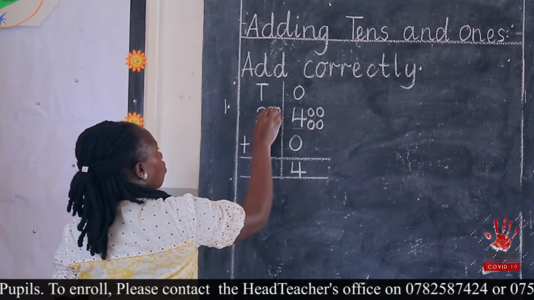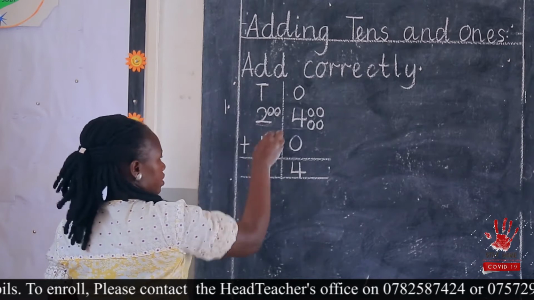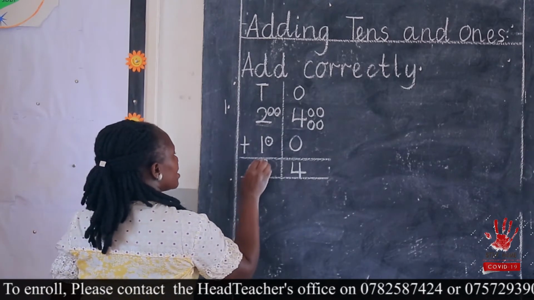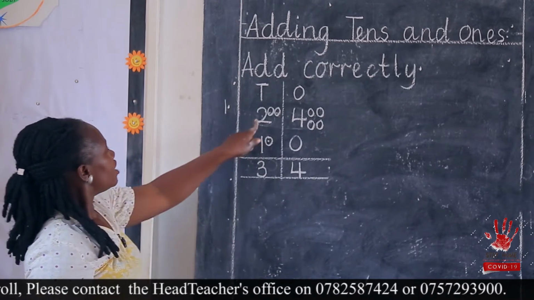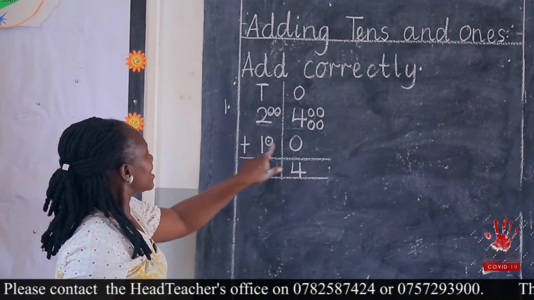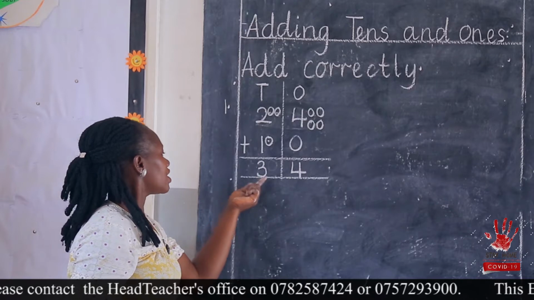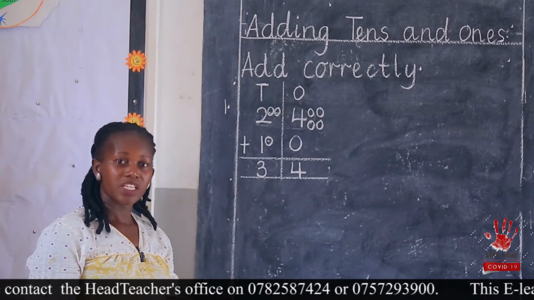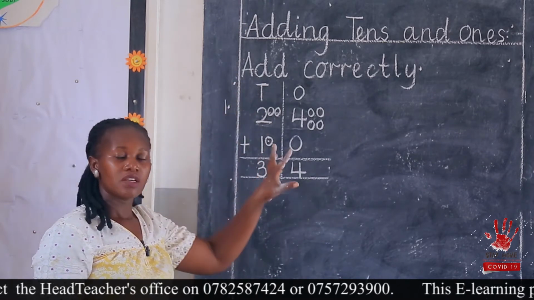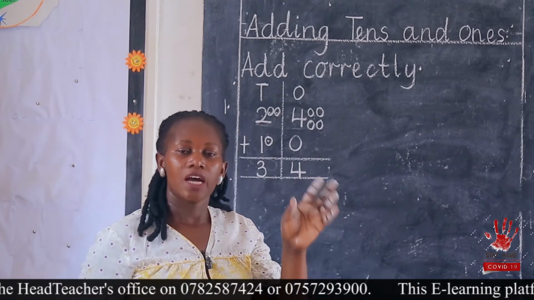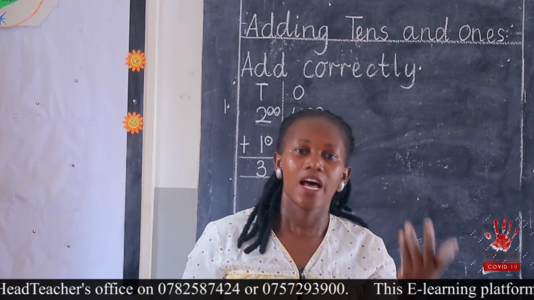So I will count 1, 2, 3. So my answer here is 3. That means when I add 24 plus 10, my answer is 34. Have you seen how easy it is? When we are adding tens and ones, we add ones alone and we also add tens alone.